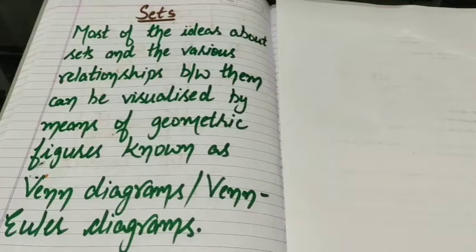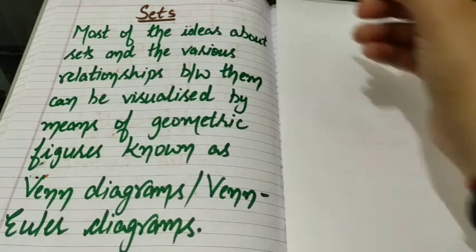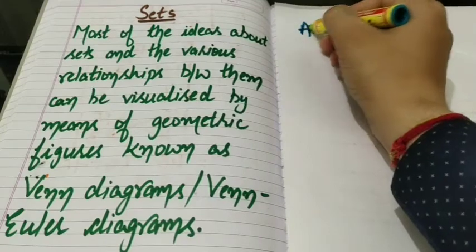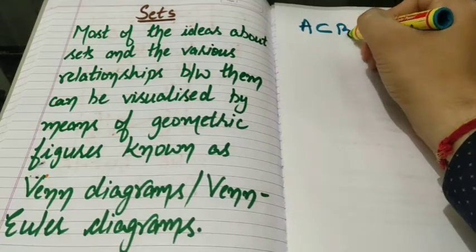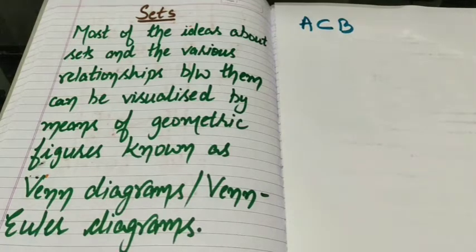So let us take a simple example to study the relationship between two sets with the help of Venn diagrams. We want to represent the relationship that set A is a subset of B with the help of Venn diagrams. For that, first of all, we have to show the universal set, which is shown with the help of a rectangle.